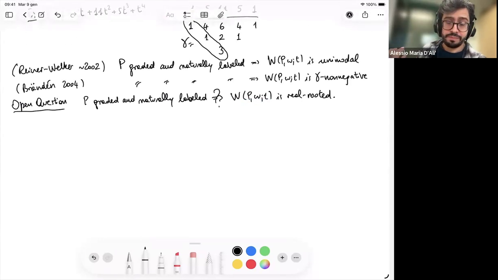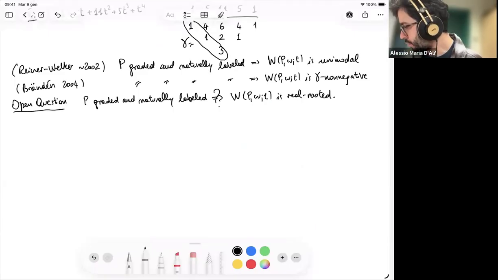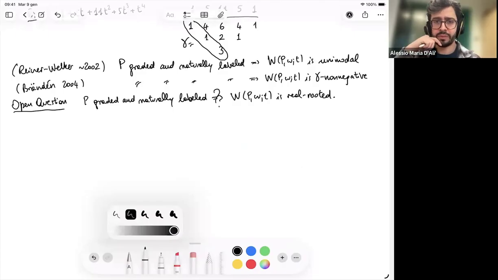Okay, so what did Brändén do to actually prove the gamma-nonnegativity result? Turns out that there is a lot of nice combinatorics that you can do in this context. And so, first of all, even though the result is about graded posets in this context, he introduced a larger class that is actually more suitable. It's a bit more general, and you can prove nicer statements about those.